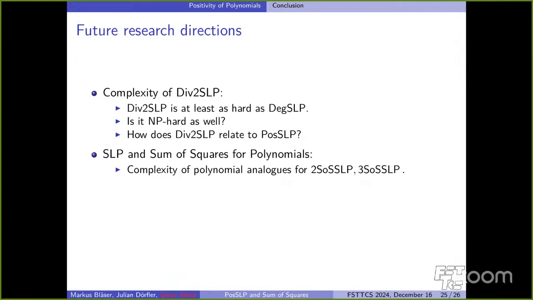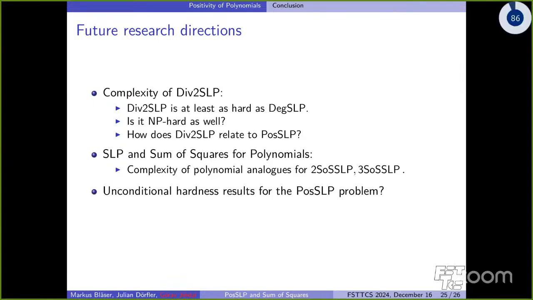And in this paper we did not look at the complexity of, let's say, checking whether a given polynomial is a sum of two squares or three squares and so on. These polynomial analogs of 2SOS and 3SOS SLP might also be interesting.